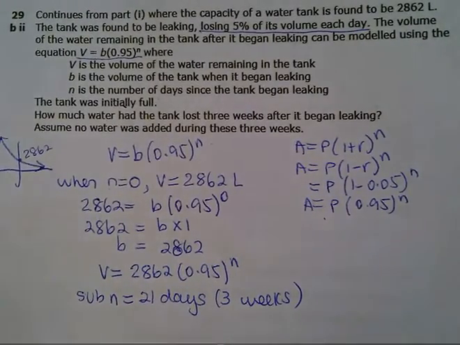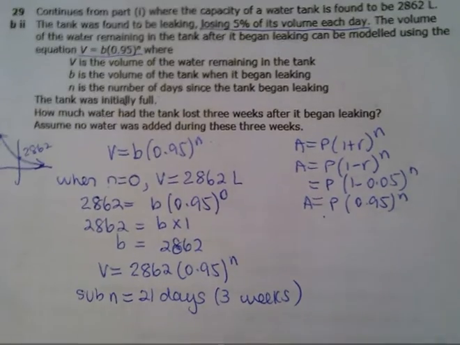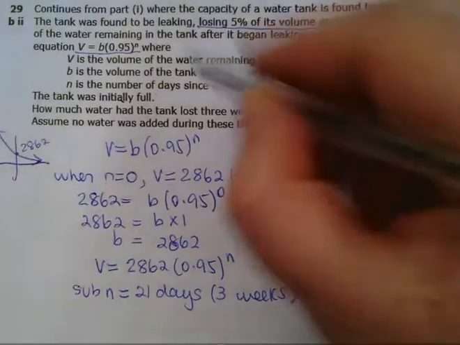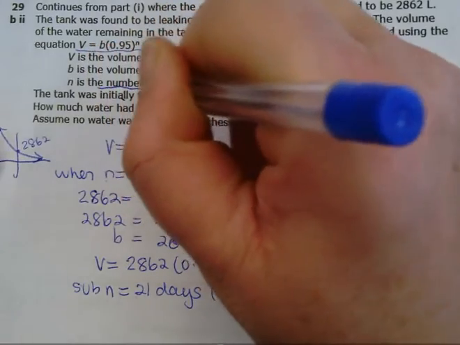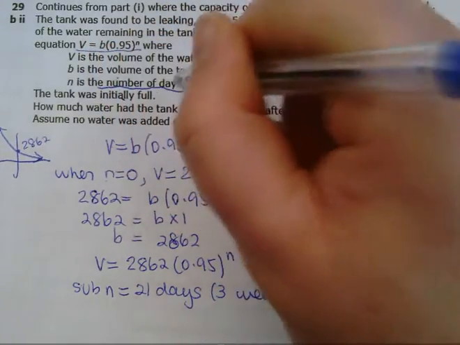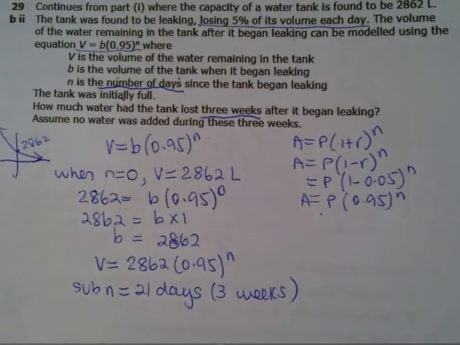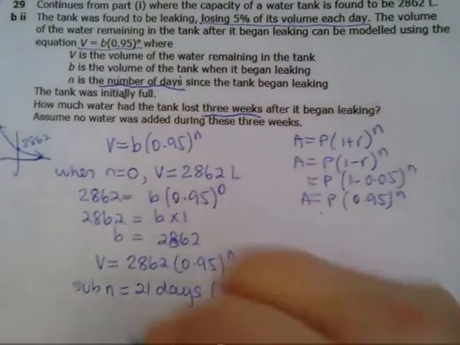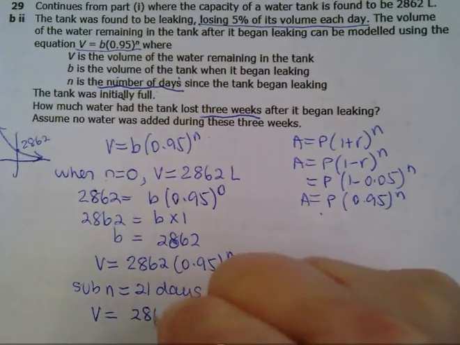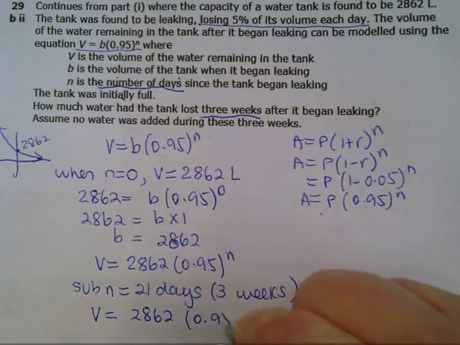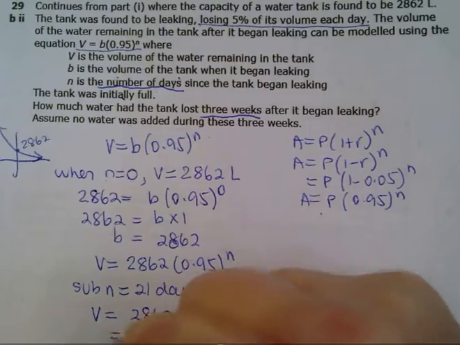They won't read the question properly and they'll substitute n is 3 instead of n is 21. It's really important that you highlight that n is the number of days, and this is 3 weeks. You want to be highlighting the important information. So I've got V equals 2862 times 0.95 to the power of 21.